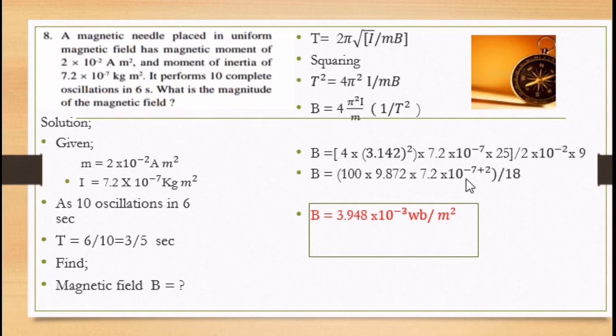This 7.2 into 10 raised to power minus 7, and this 10 raised to power minus 2 present in the denominator goes to the numerator and becomes plus, and this 2 into 9 is 18. If you solve this, you will get the answer B is equal to 3.948 into 10 raised to power minus 3 Weber per meter square. So this is the magnetic field B.